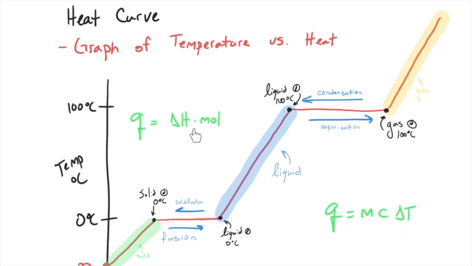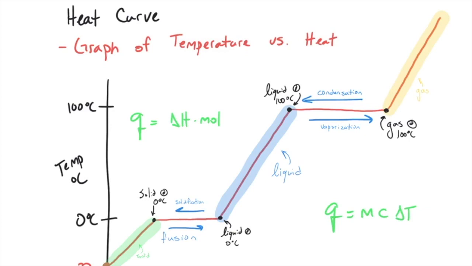The phase change has no change in temperature, but the mc delta T indeed has a change in temperature. And the heat curve can be used to solve word problems that ask you to quantify the heat lost or gained in a multi-step problem. Examples are what I'm going to show you on the next slide. But let's talk about the parts of the graph that use these two different equations to solve for Q.